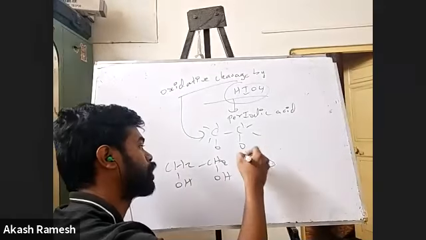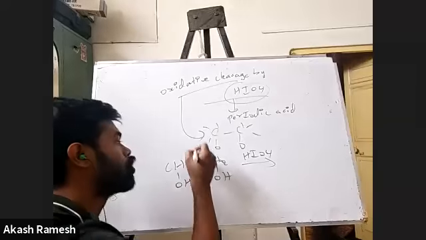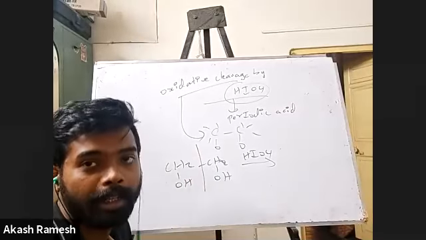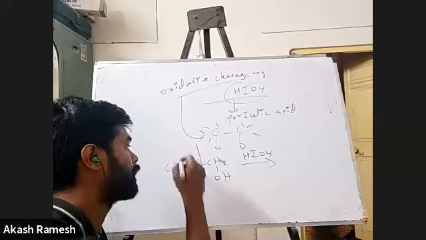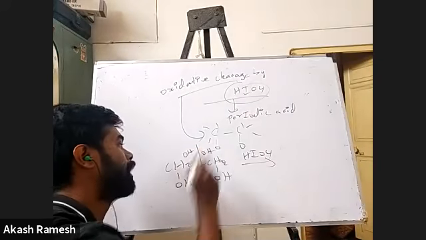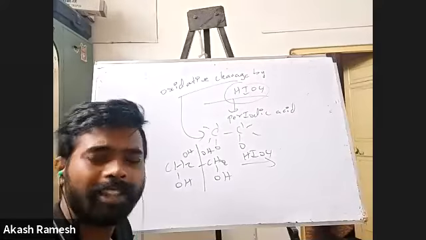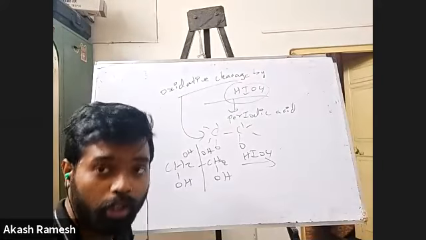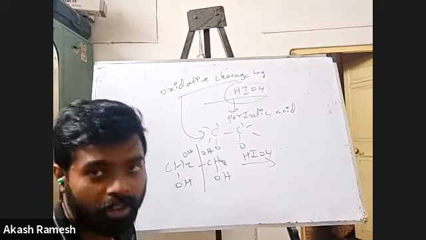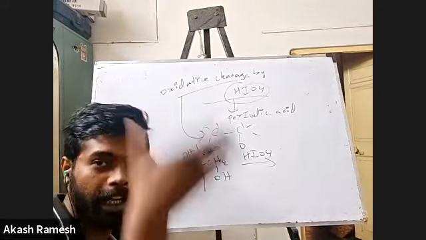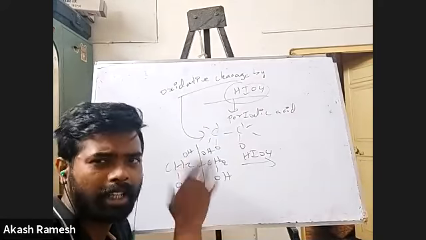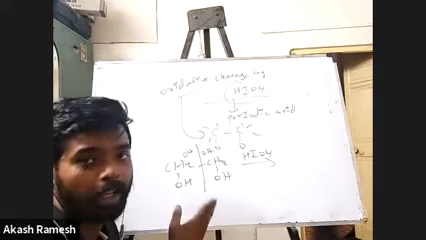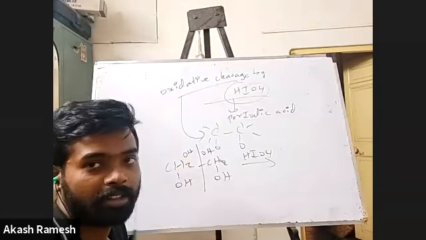When I put HIO4, you will break the adjacent carbon-carbon bond completely, and put one OH this side, another OH this side. This is something like ozonolysis, but there we put oxygen only. You break the C=C double bond and put a double bond on this side and that side. Exactly the same, but here you break a single bond and put OH and OH on both sides.